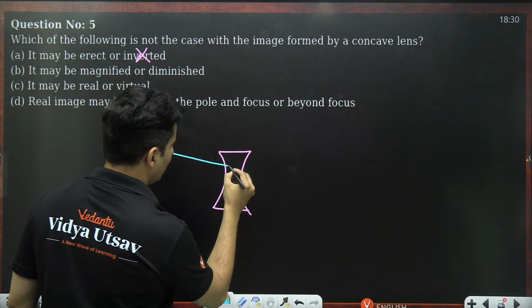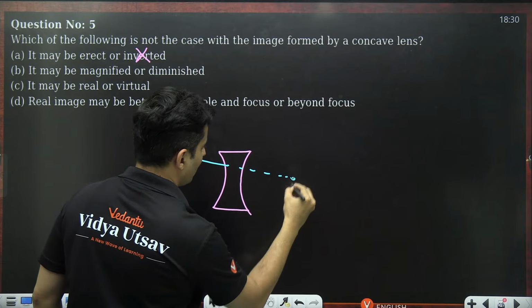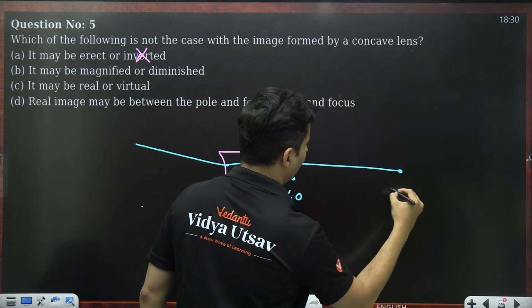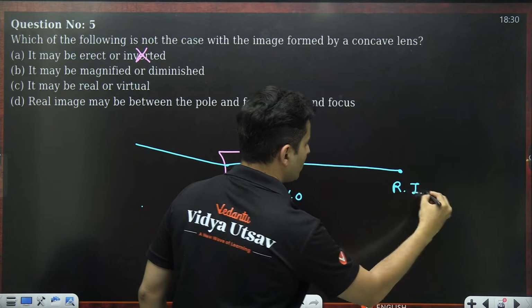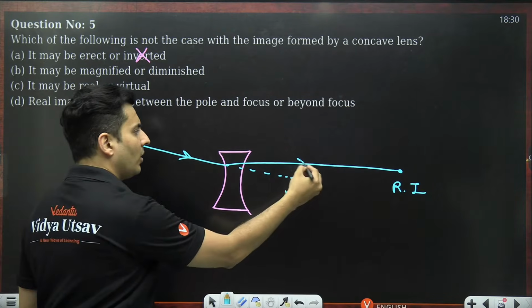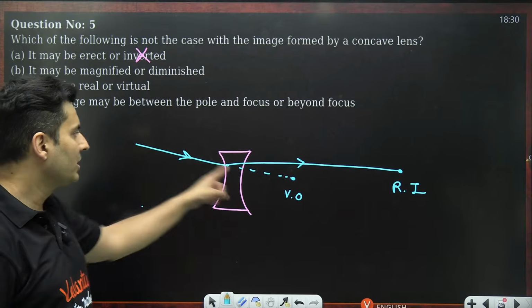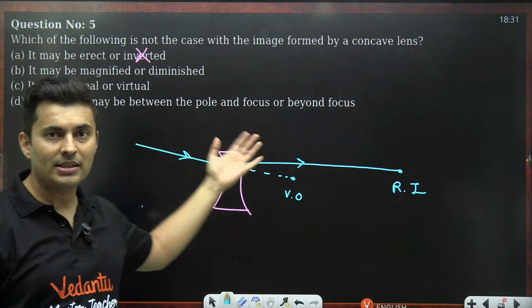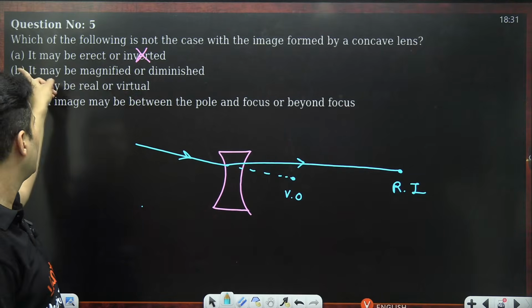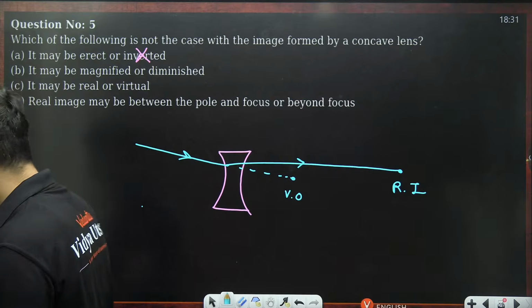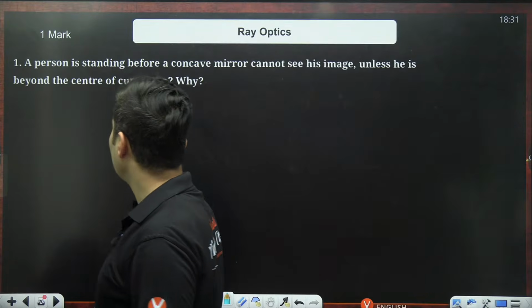This is your virtual object, and the rays go like this, and they form a real image over here. So a real image can also be formed by using a concave lens. Keep that in mind, using a virtual object. So D option is correct. A lot of people said it is not correct. So D option is correct, guys. It may be erect or inverted? No, it will always be erect. Okay, moving on to the next one coming up on your screen.